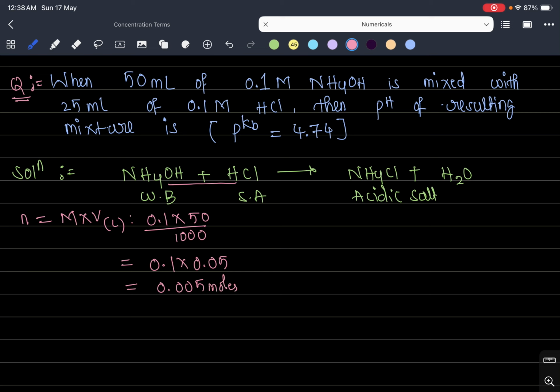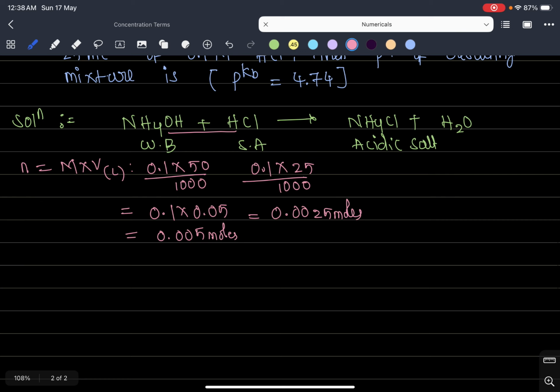Now with respect to acid, you have 0.1 into the volume, which is given as 25, and divided by 1000, the total value comes out as 0.0025 moles. So these many moles will be consumed.